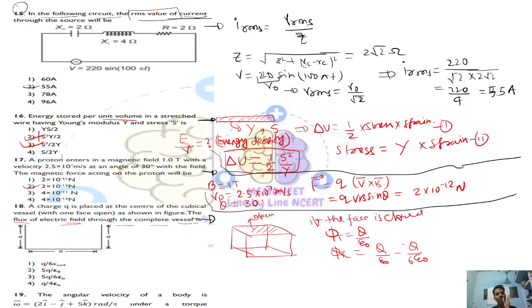If we subtract the flux through one face from the total flux, it will give the flux through the other faces, and this is the required answer.